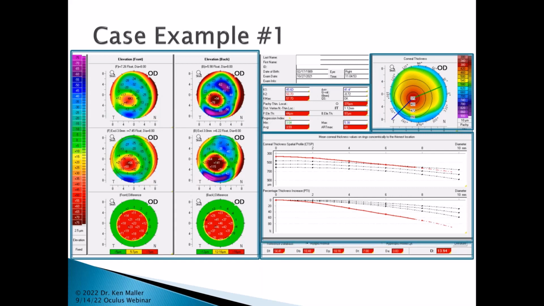Down at the bottom is a real good numerical summary. The very first number is the deviation of front elevation from normal. The second one is the deviation of the back surface from normal. The DP is the deviation average of pachymetric progression. And again, you can see it's in red, meaning not normal.